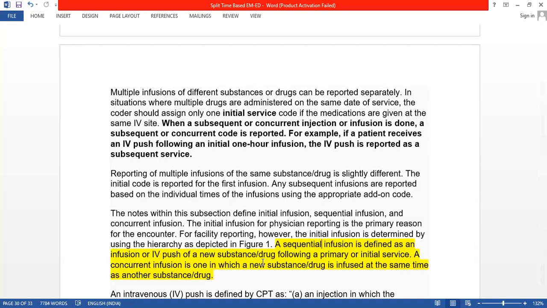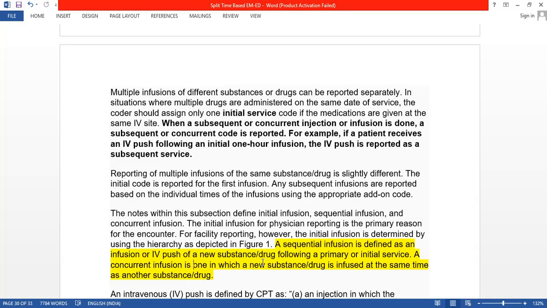So a sequential infusion is defined as an infusion or IV push of a new substance or drug following a primary one. It means once one is finished, then another drug is given. So whether it is a sequential infusion or a sequential IV push, there should be a new drug. One drug is completed, then another drug is given.